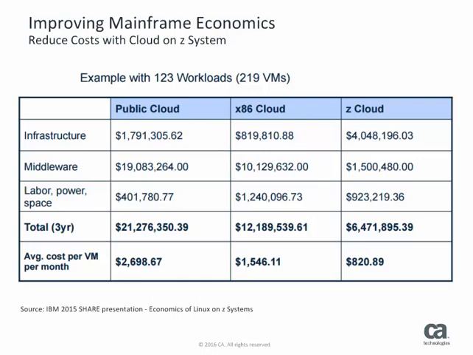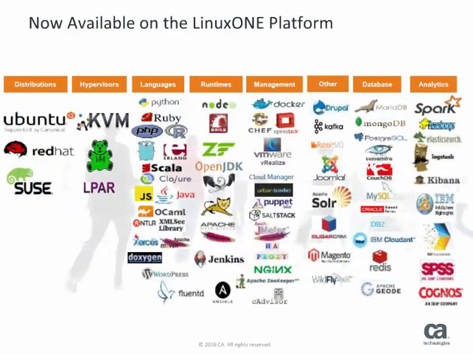As you can see, the TCO over a 3-year period confirmed that the Z System platform is the most cost-effective. On the LinuxONE platform, you can choose the distribution, hypervisor, language, runtime, management, database, analytics, and others. Now, Z System is just another Linux platform and no longer requires specialized skills or special tools.